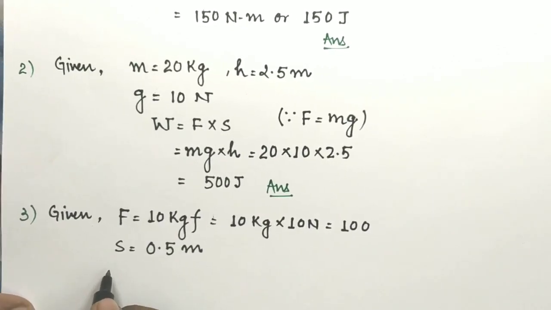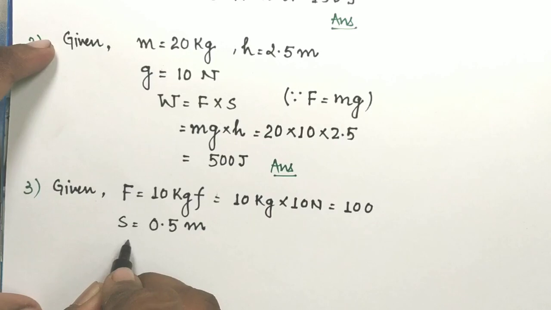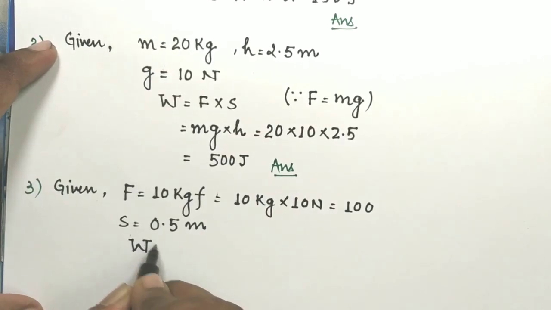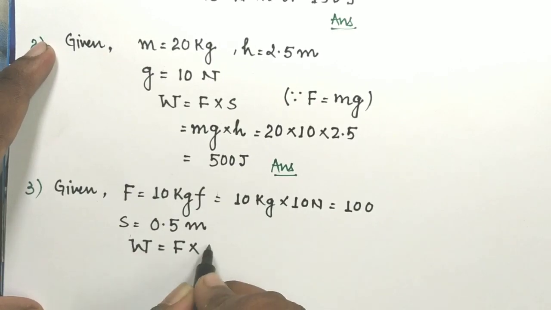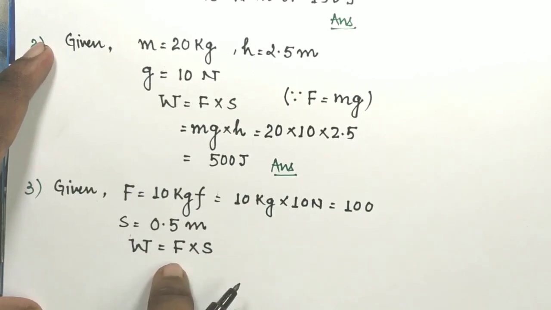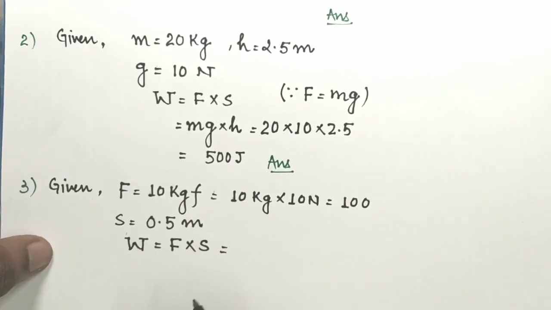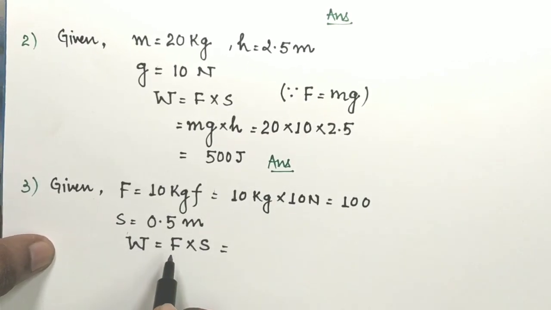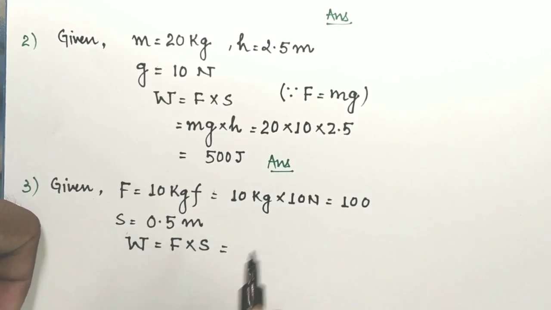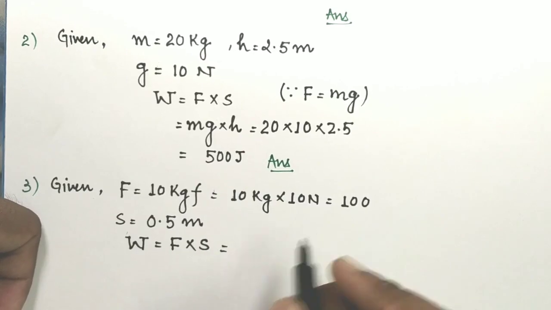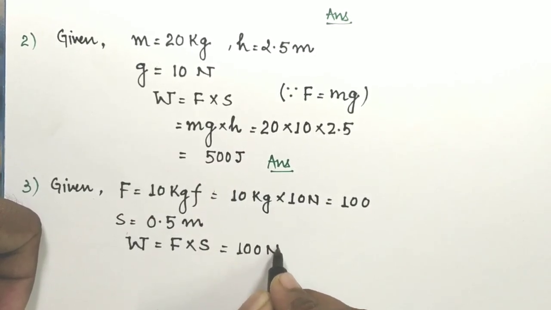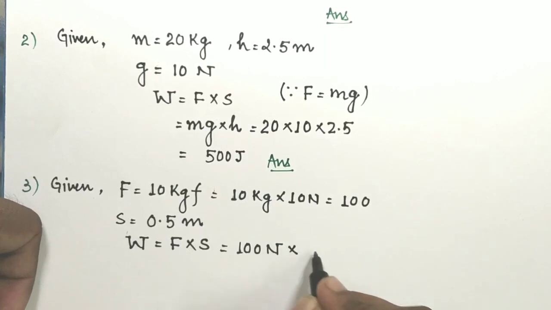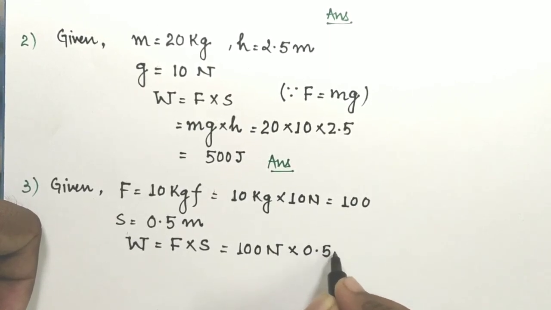What is the formula for the work done? In order to calculate work done, we know that work done equals the product of force into displacement. Here force is given, we have calculated, that is 100 Newton, and the displacement is 0.5 meter.